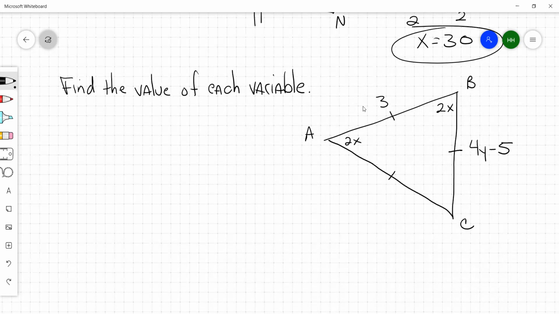If you want to work alphabetically, we find x first. So looking at this triangle, aren't all the sides the same? If all the sides are the same, what do you know about all the angles? They're the same. So what's angle C equal to? Good. So how many x's do we have in here? We got 2 of them, and then 2 of them, and 2 of them. So how many we got? So don't we got 6 x's that have to sum? What do they got to equal? Good. So if 6x equals 180, you can divide by 6.